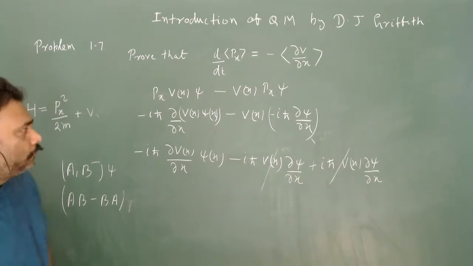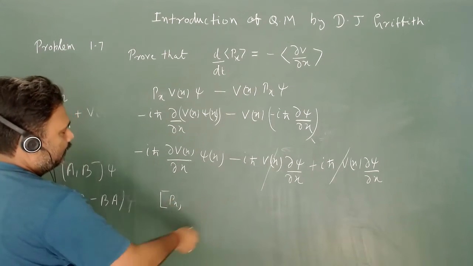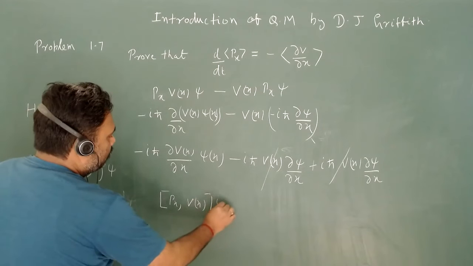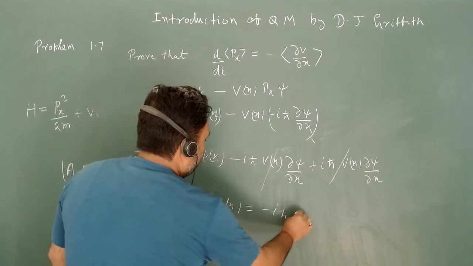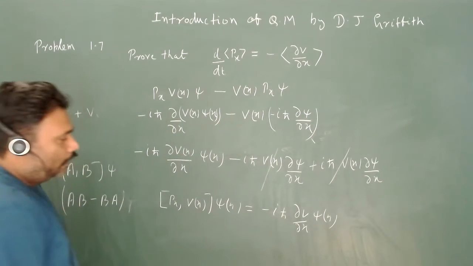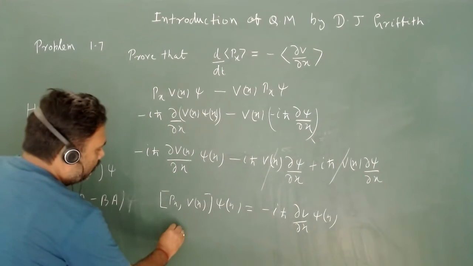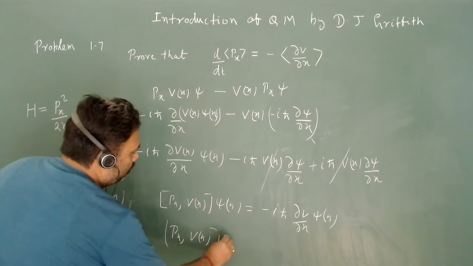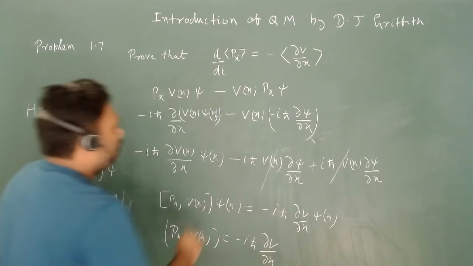So the commutation of Px and Vx acting on psi(x) is equal to minus iħ ∂V/∂x psi(x). If we equate the psi(x) on both sides, then the commutator [Px, Vx] is nothing but minus iħ ∂V/∂x.